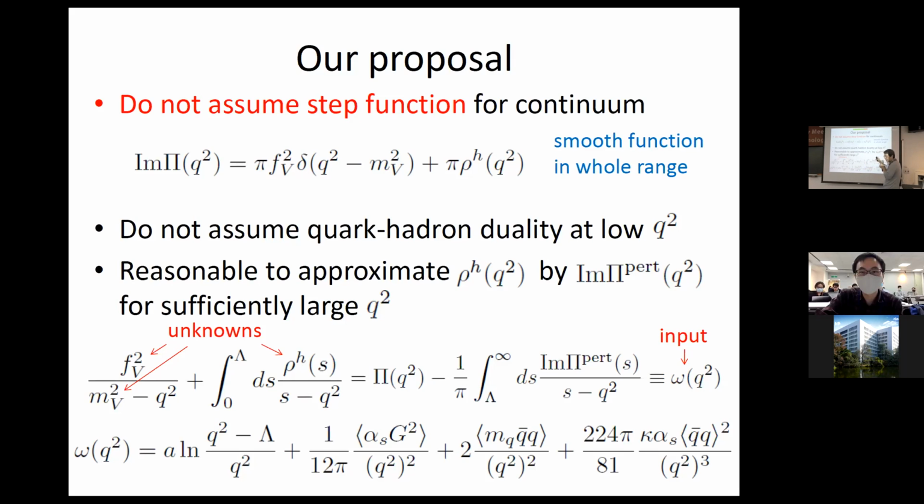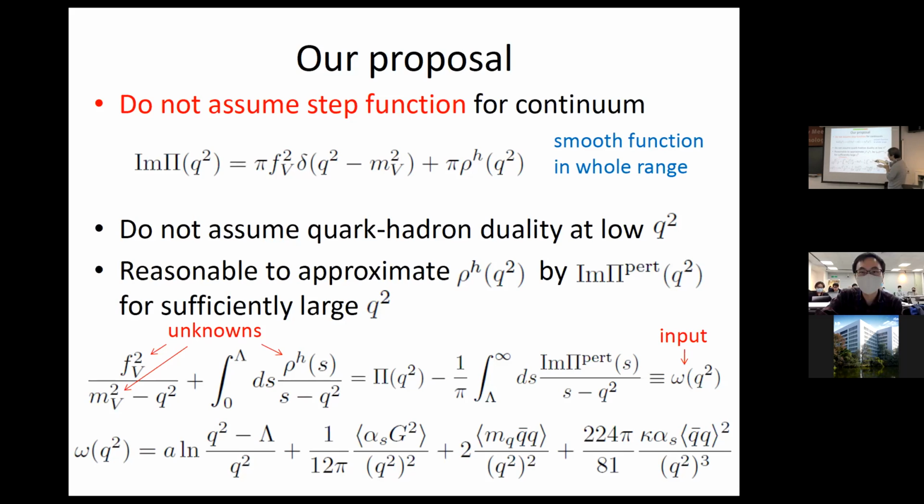So lambda is a separation scale that defines the low energy and high energy regions. We leave the low energy piece on the left hand side. This is regarded as unknown because it's the low energy region. We don't know it. And all the masses and decay constants are also treated as unknowns. Then we move this high energy piece, from lambda to infinity, to the right hand side.